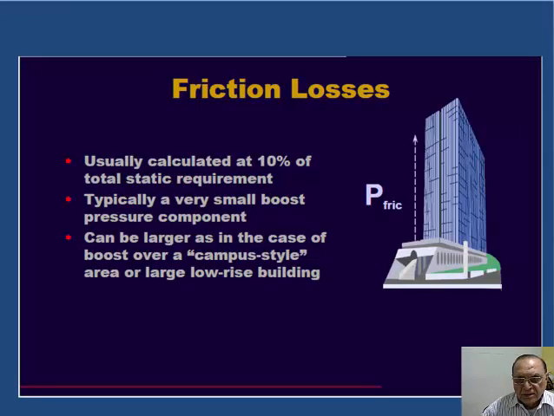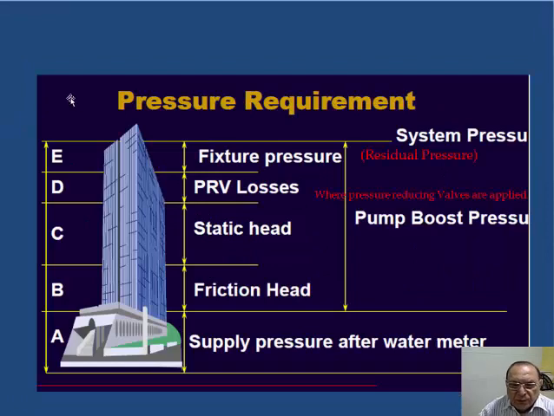This is the friction loss, or the friction losses, as we explained earlier, are based on the longest route of piping from the discharge of pump to the supply to the fixtures. So this is how a total pressure requirement is established. As we earlier said, it is supply pressure after water meter.